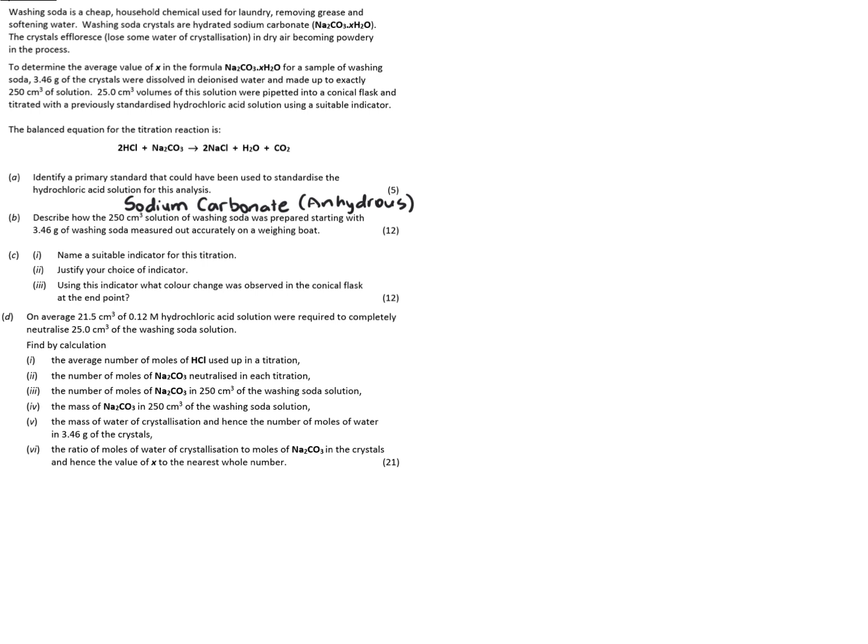In part B, it says describe how the 250 centimetre cube solution of washing soda was prepared, starting with 3.46 grams of washing soda measured out accurately on a weighing boat. To begin here, you would transfer to beaker and the rinsings.